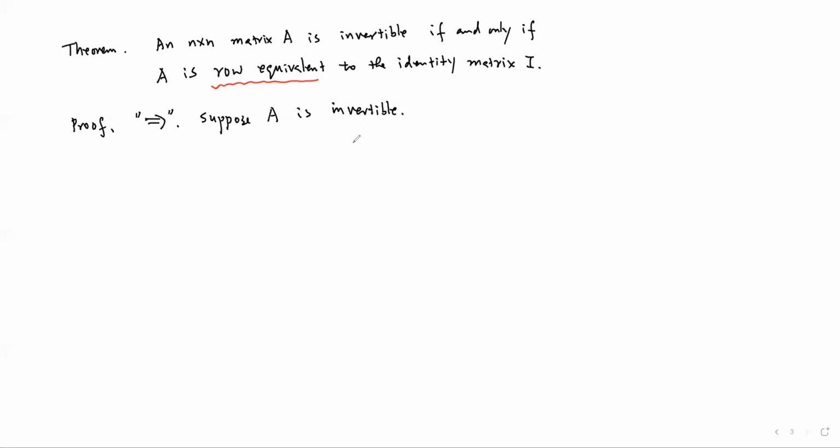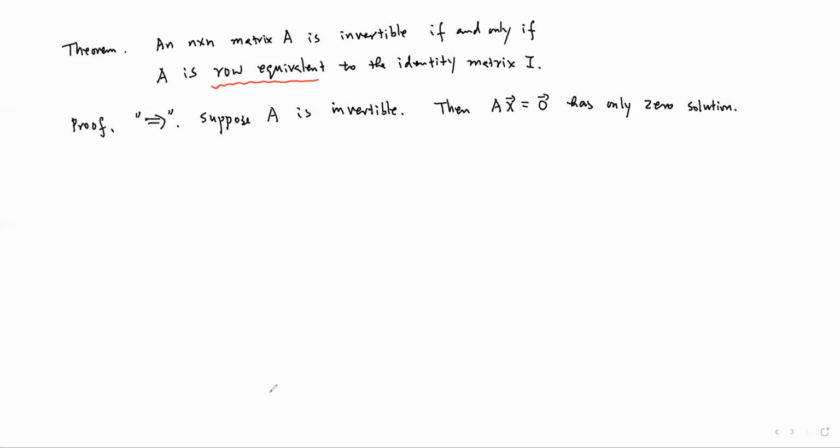Suppose A is invertible, then the homogeneous linear system AX = 0 has only the zero solution.